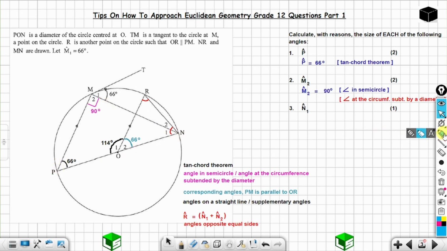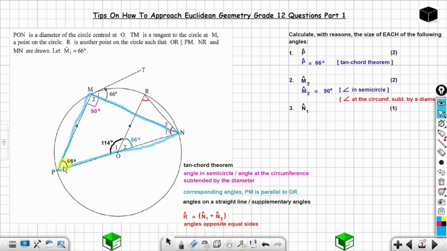Let me use a highlighter so that you can see that. Can you see this triangle? You have this angle 90 degrees and this angle 66 degrees. You don't know this angle n1.